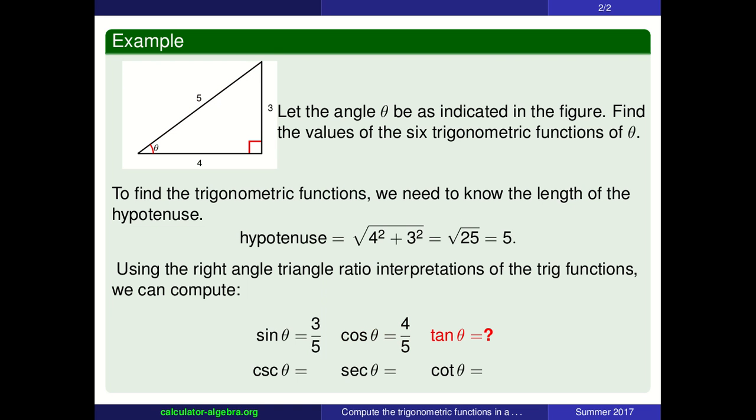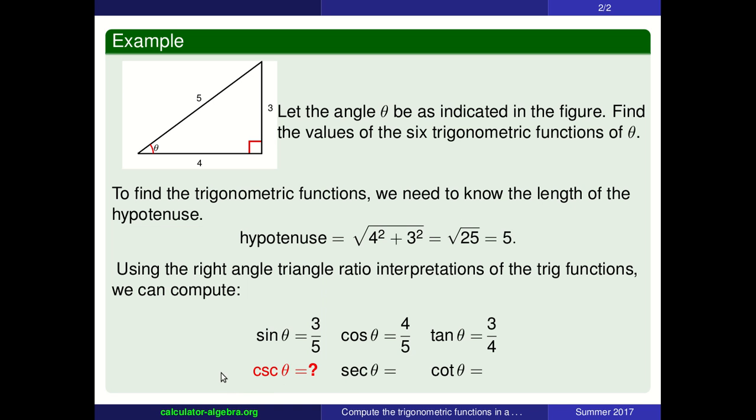Next, tangent of theta. Well, what was tangent of theta equal to? I'm sure you remember that tangent was computed by taking the opposite side and dividing it by the adjacent side. So tangent of theta must be equal to 3 divided by 4. Next, we need to compute cosecant of theta.